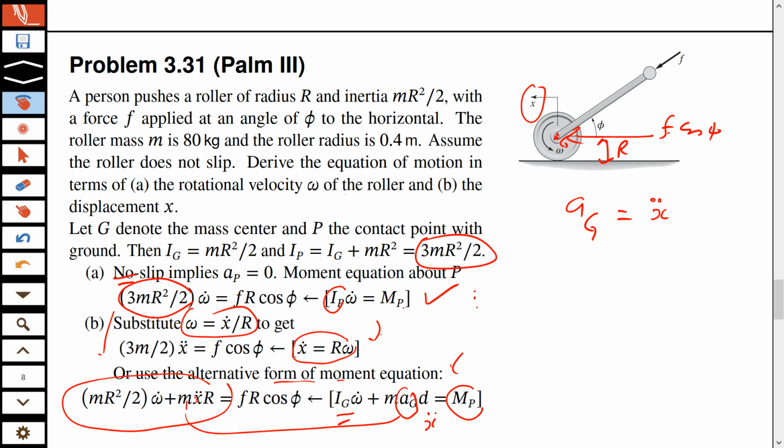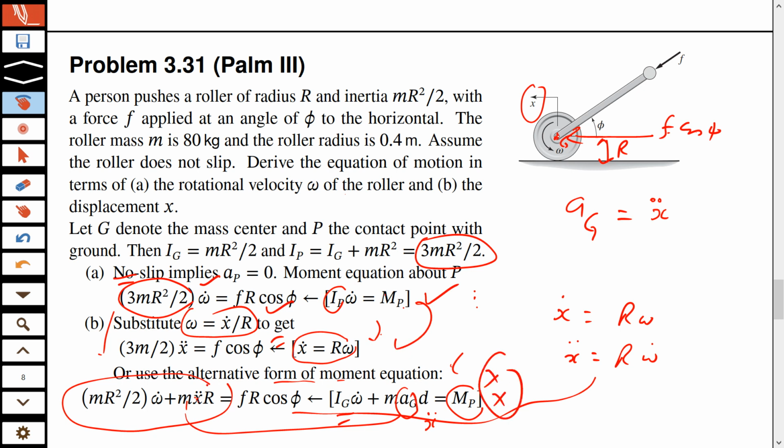But this is not helpful because you will still have to use this formula. For example, you have to write x dot is equal to r omega and x double dot is equal to r omega dot. तो ये आपको फिर भी लगाना ही पड़ेगा. तो जब आप यहाँ पे लगा रहे हैं तो why not use it right there? ठीक है ना? So this was just for your understanding. You don't need this.